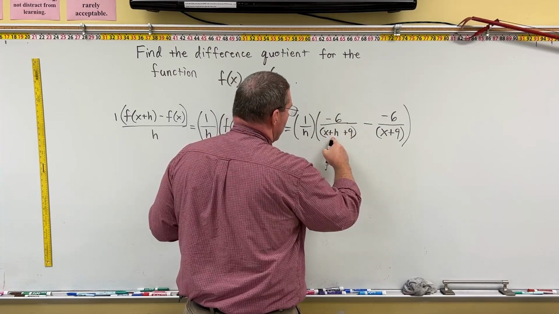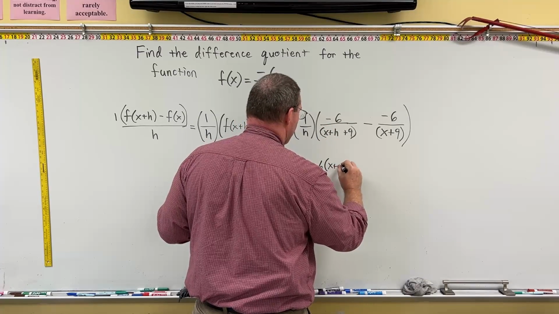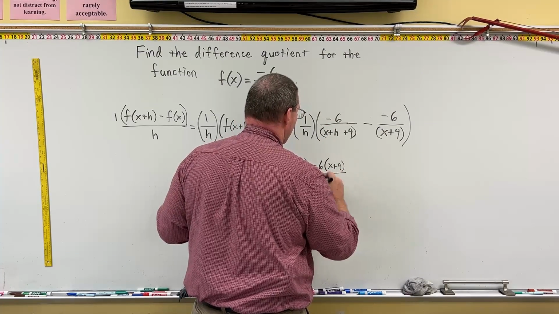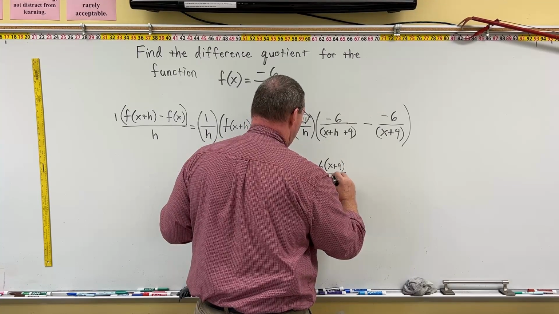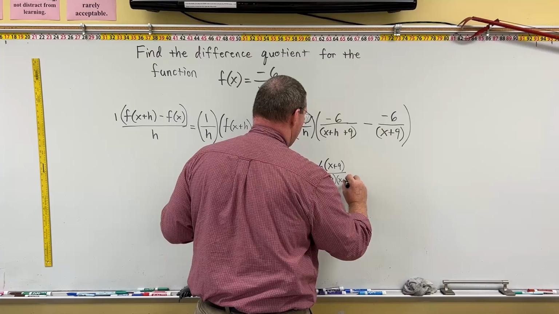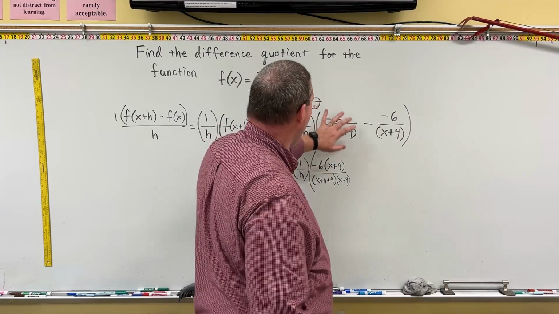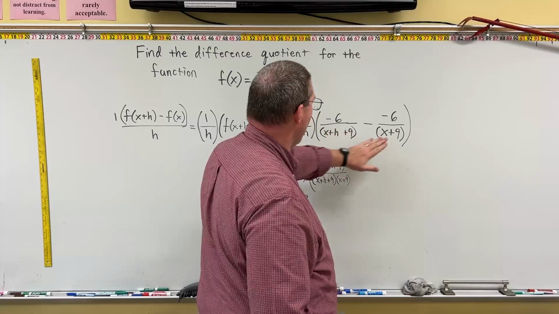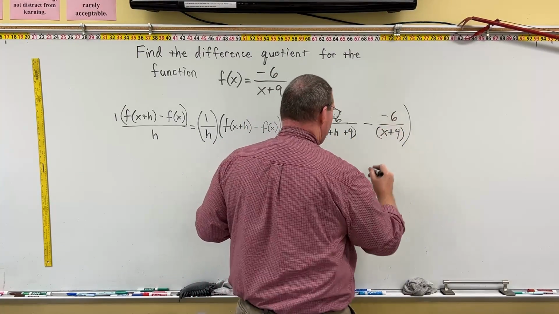And then here I'm going to have negative 6 times (x + 9) over (x + h + 9)(x + 9). All I did, this is a parenthesis, all I did was multiply the top and the bottom by x + 9, which is this denominator over here, minus negative 6.